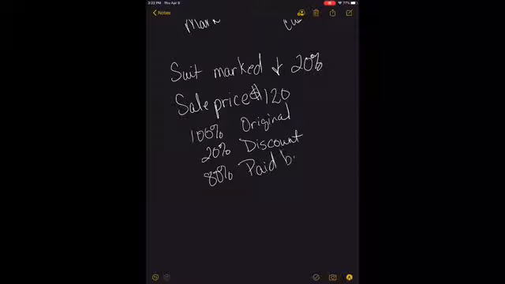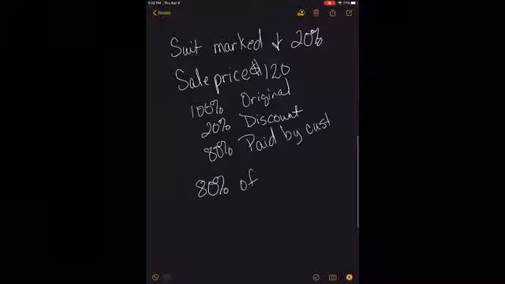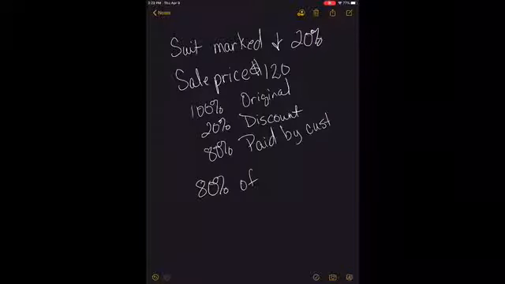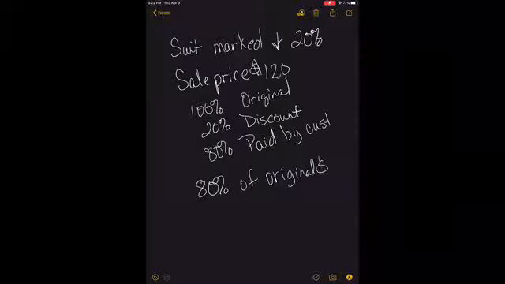Well, that represents the amount paid by the customer after the discount. The customer is paying 80%. So if you think about it, 80% of the original cost equals $120.